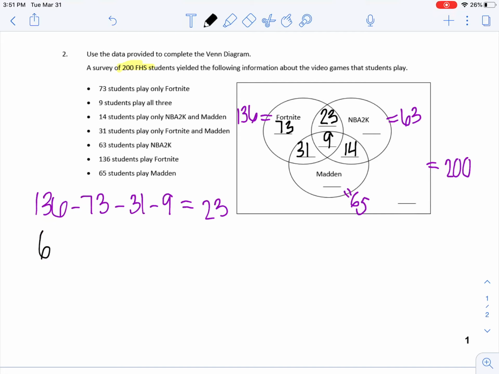So we've got 63 minus 23 minus 9 minus 14, which equals 17. So that means we have 17 students who play NBA 2K only.